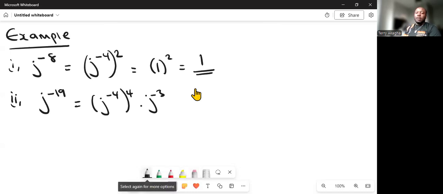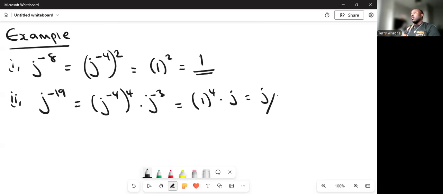So then with this now, if you want to, you can also break down minus 3 as well. But we solved this earlier, so j to the minus 4 is the same thing as saying 1 to the power 4. And earlier I told you j to the minus 3 was equal to j. So that means the final answer for this is going to be j. So we solved minus 3 earlier.